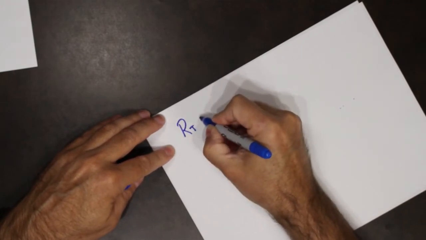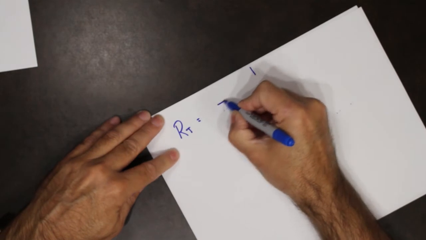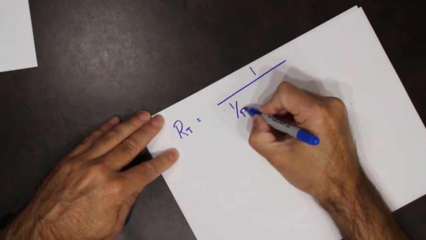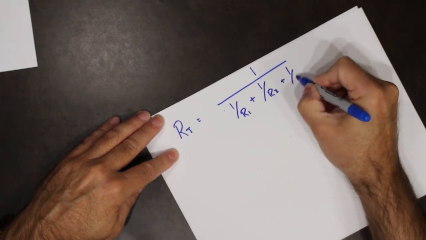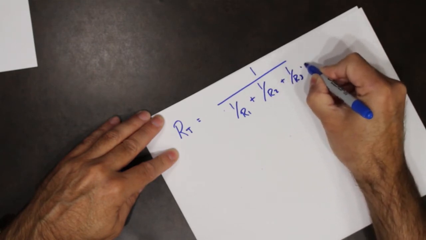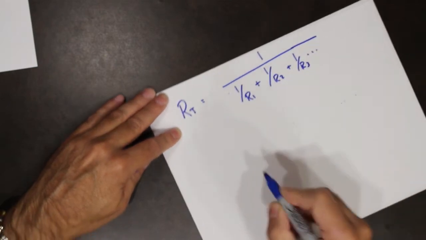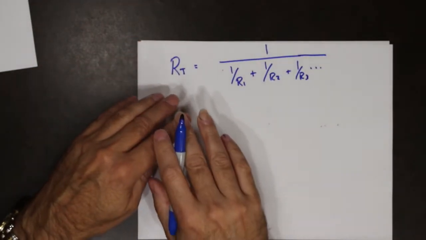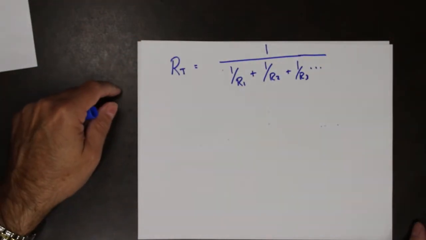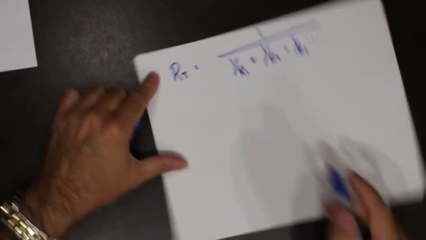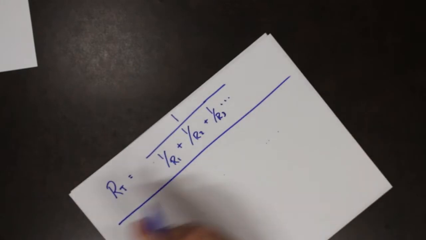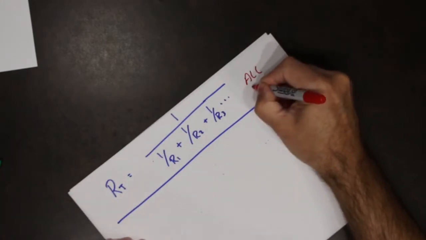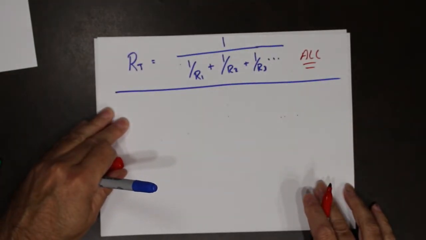Here's the master formula: 1 over R1 plus 1 over R2 plus 1 over R3, etc. This formula will work in any parallel circuit. So this will work in all cases.